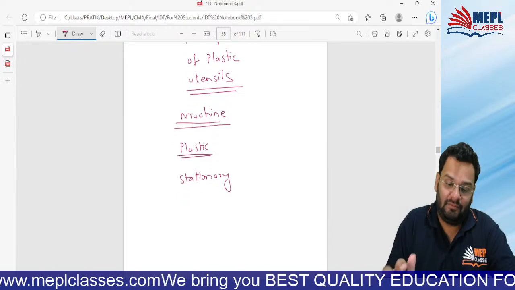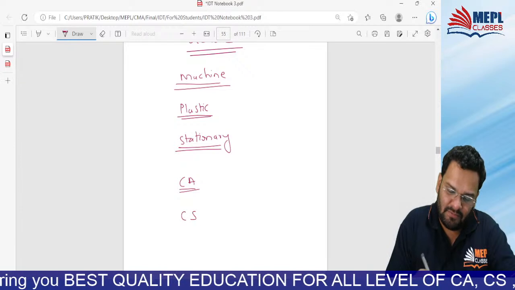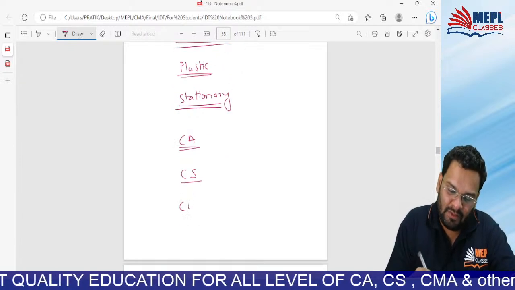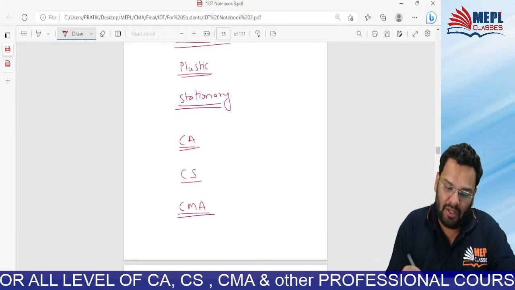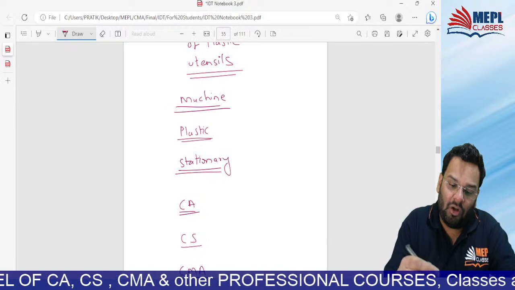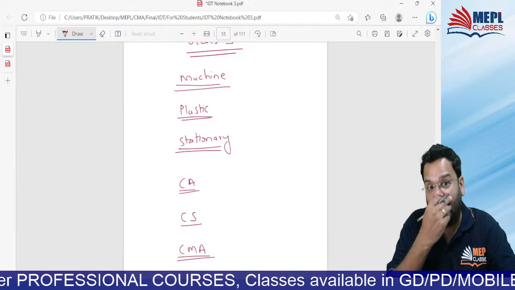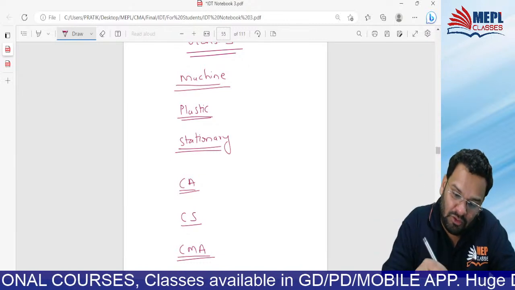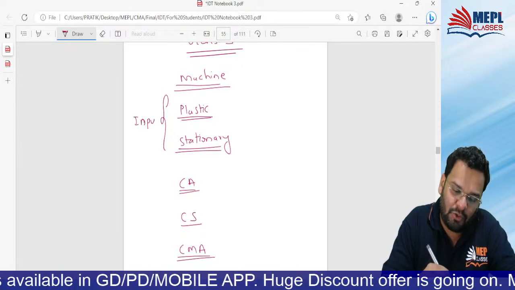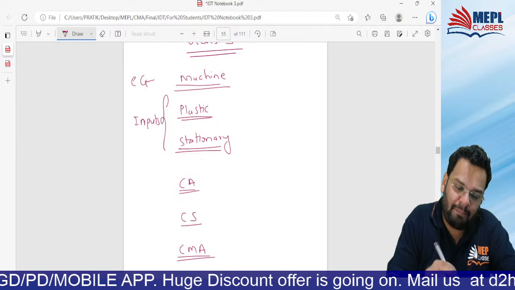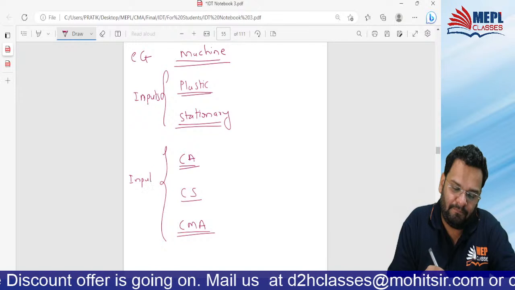He is needing CA services, CS services, CMA services, legal services, and so on. So all these we can call inputs: capital goods, inputs, and input services. This is your capital goods, and this is your input services.